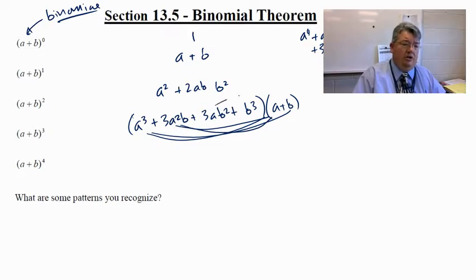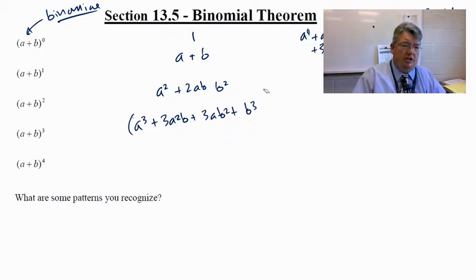Yeah, 3ab squared times a is plus 3a squared b squared. Okay, 3ab squared times b is plus 3ab cubed. Okay, b cubed times a is plus ab cubed. And then b cubed times b is plus b to the fourth. Okay, I think that should do it.